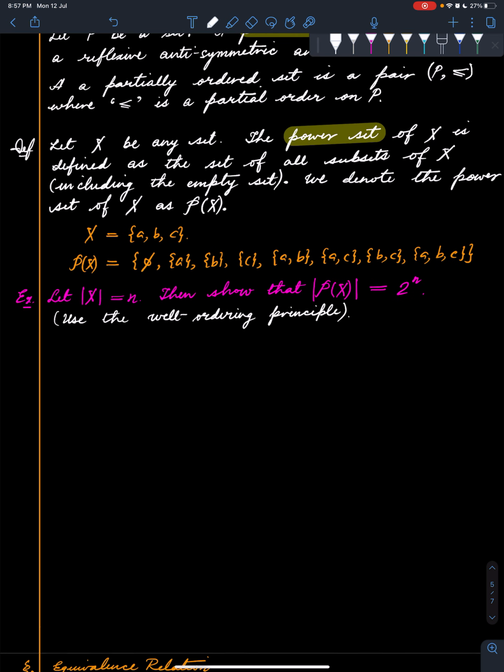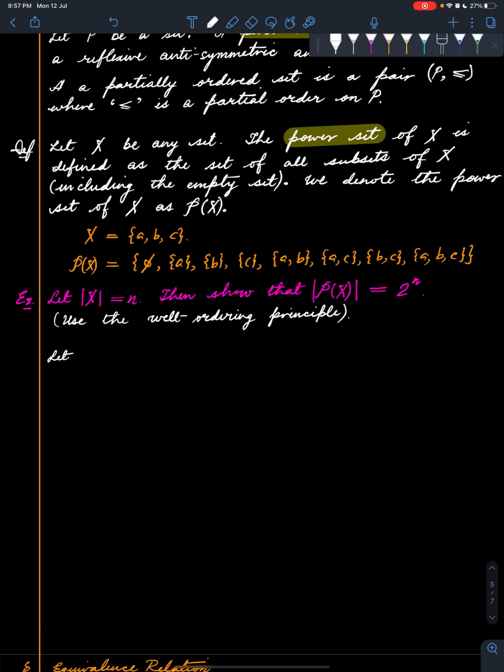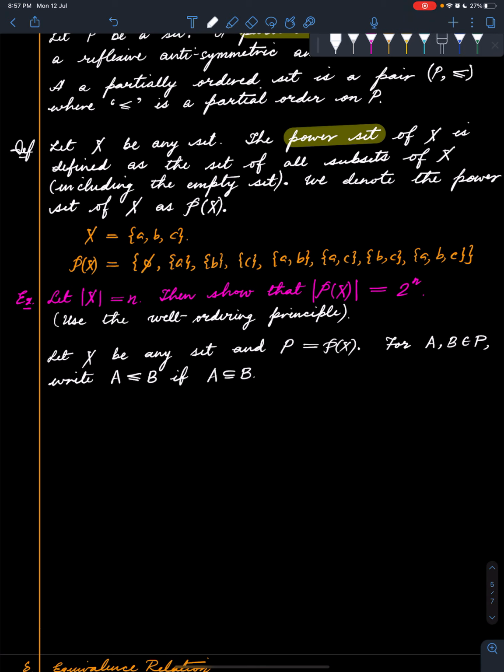So let X be any set, and P be the power set of X. Define, or for two elements A and B in P, write A less than B if A is contained in B. So A and B are in P, meaning A and B are subsets of X.